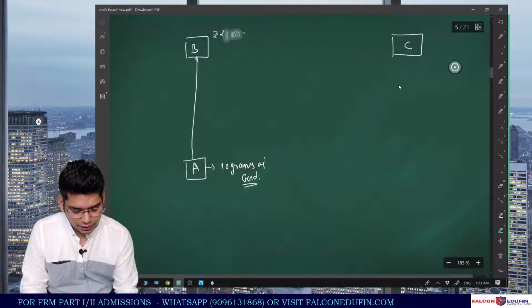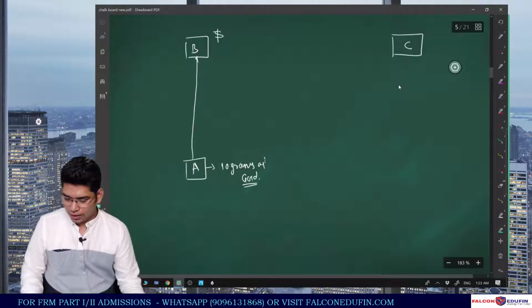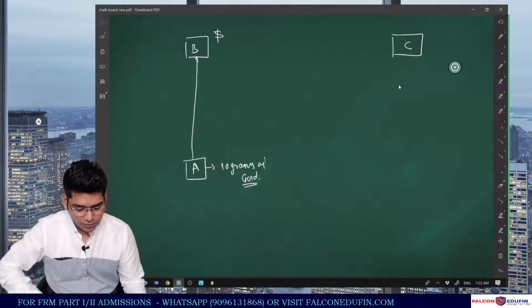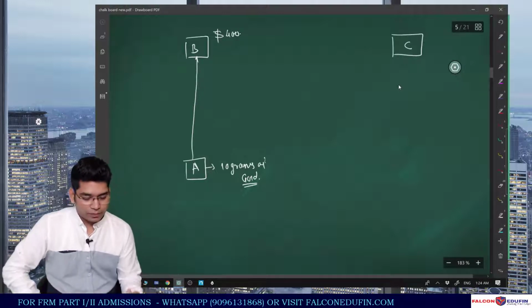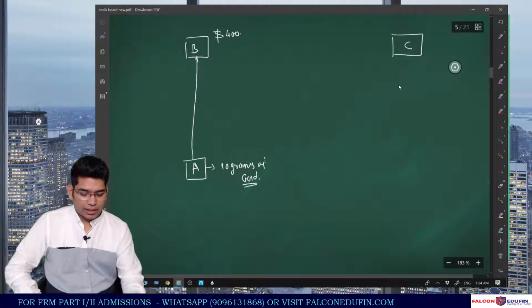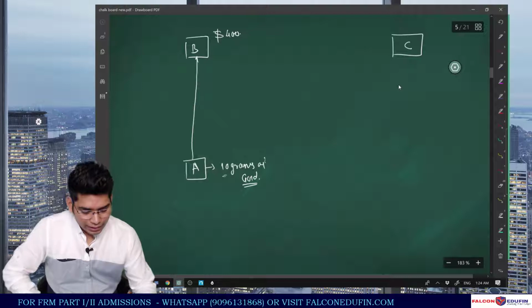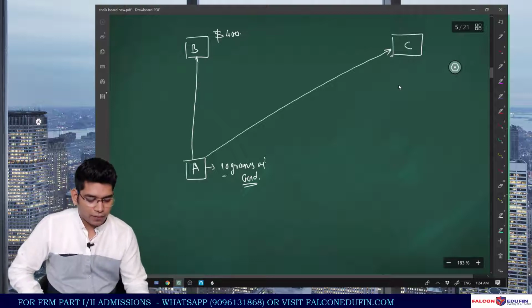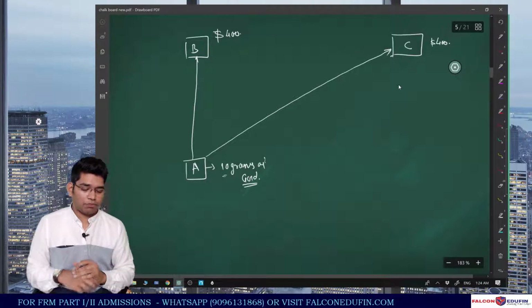Instead of rupees, we will take a dollar example, because students who are seeing this from outside India generally get troubled when we use rupees. So in dollars it will come to around 400, right? So $400 is the rate, and B is asking for this 10 grams of gold for 400. Mr. C is also asking A for the same 10 grams of gold, again at $400.